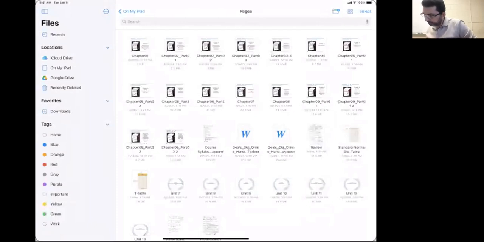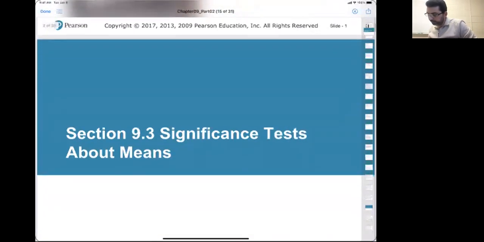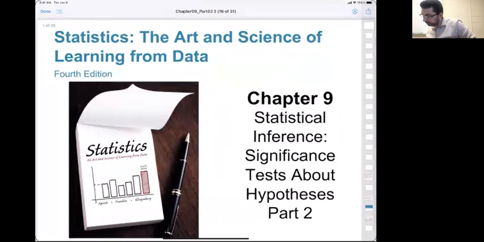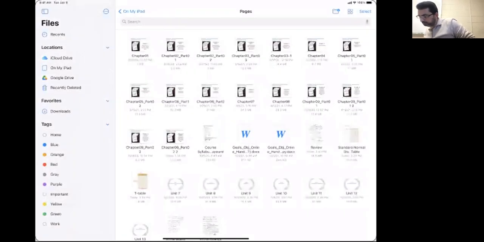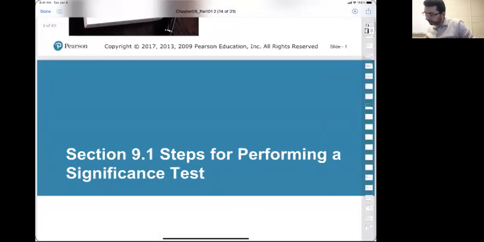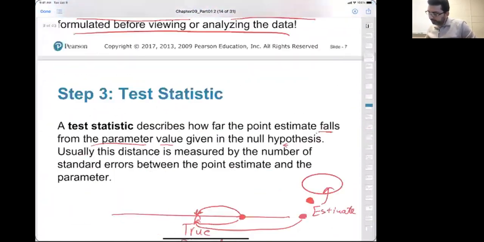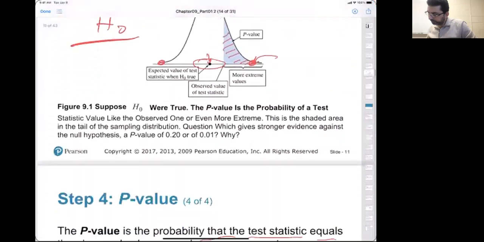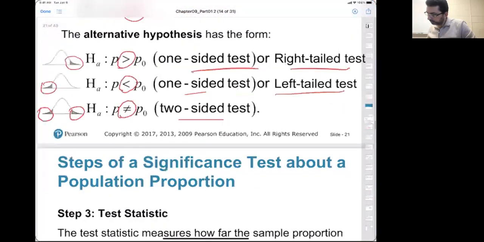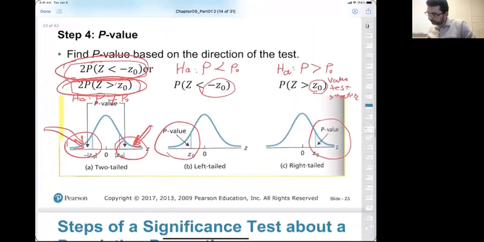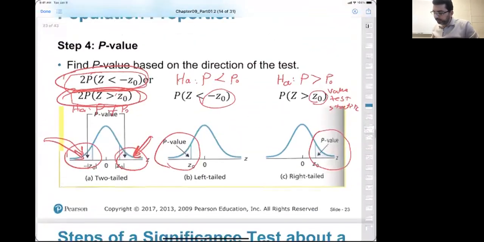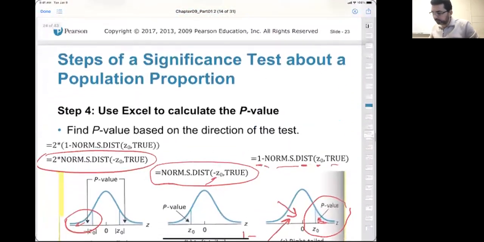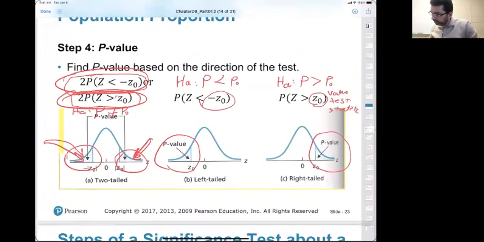No, this is the mean. I think this one. Yeah, it's here. In this slide and this slide, this one is for the table, this one is for the Excel function. So let's start with this one.